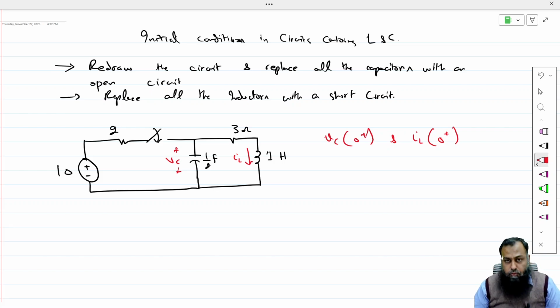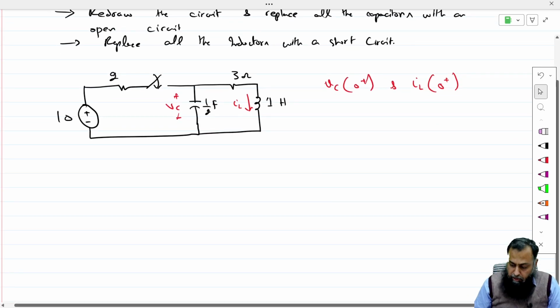To find out the Vc0 plus or IL0 plus, we require to find out what is Vc0 negative and what is IL0 negative, because the current through an inductor cannot change abruptly, and so for the capacitor the voltage cannot change abruptly. Therefore finding out the initial conditions will solve for these two unknowns required in this given numerical. So we will redraw the circuit.